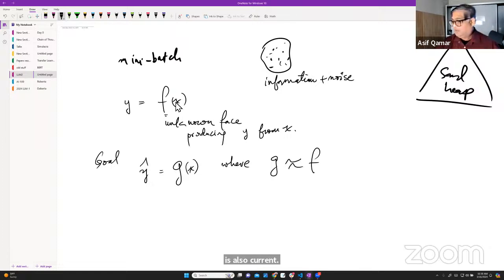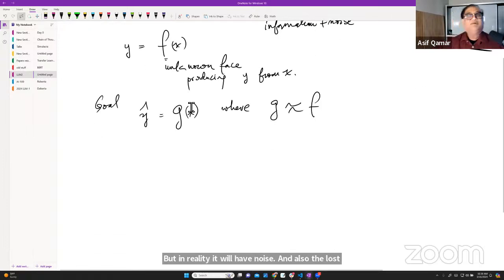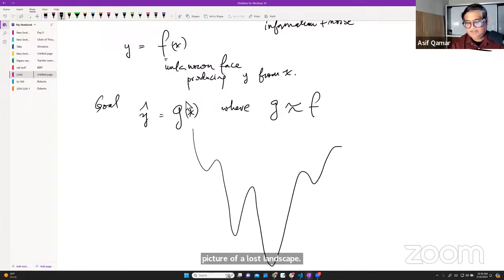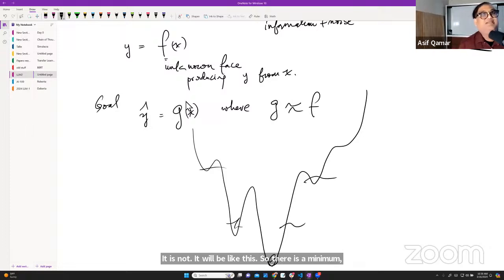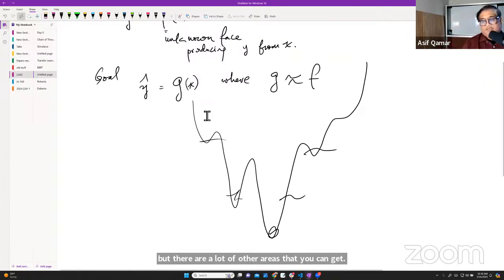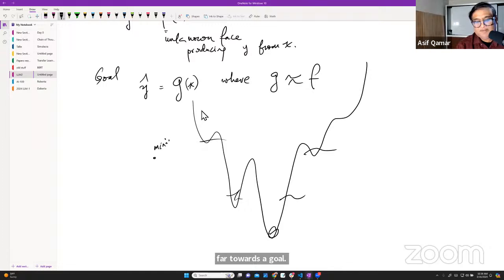And also, the loss landscape, as we saw in the picture, will be like this. There is a minima, but there are a lot of other areas that you can get stuck in. Because you can get stuck in local minima, and because of the noise in the data, your path towards the goal is slow. Say this is the best parameter point, and you start here.